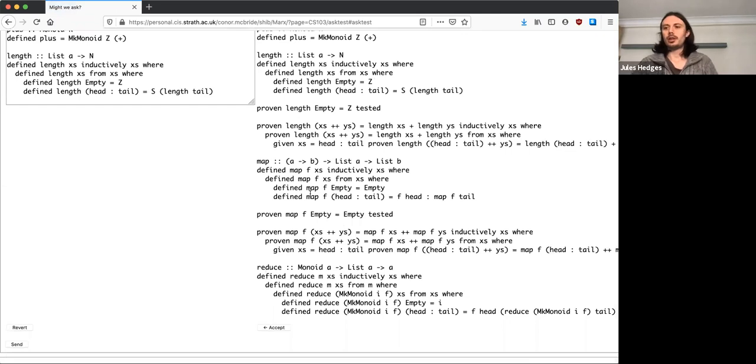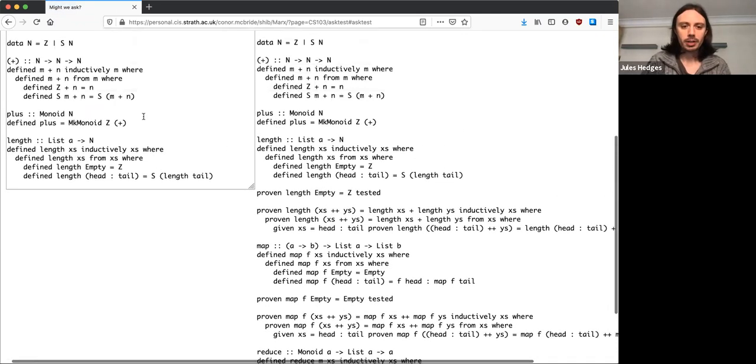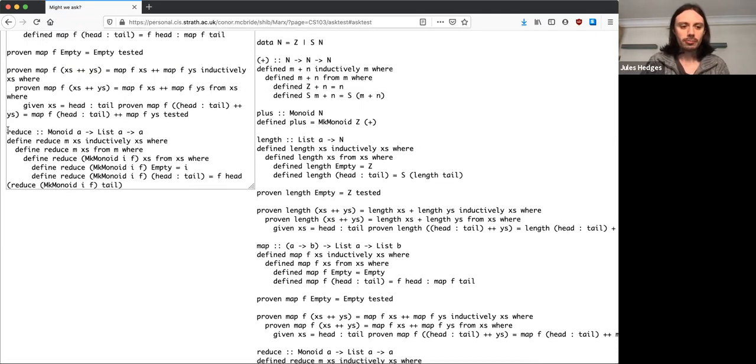Okay, so it turns out that for any monoid at all, reduce of that monoid is a monoid transformation from the list monoid to the monoid that we started with.